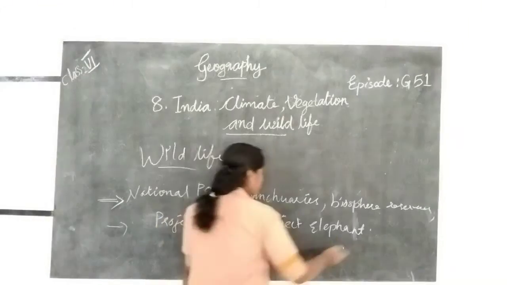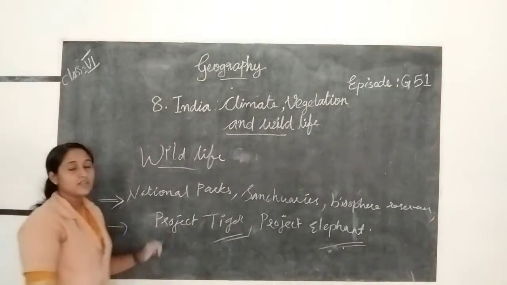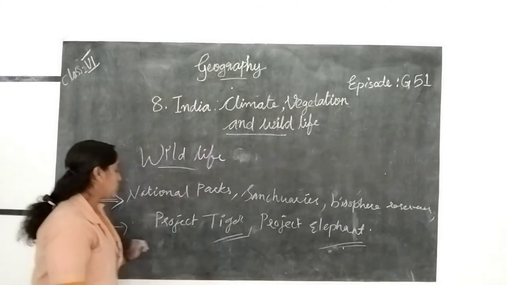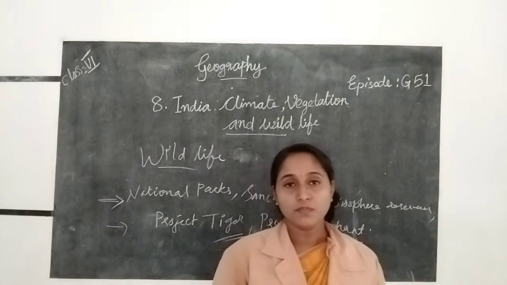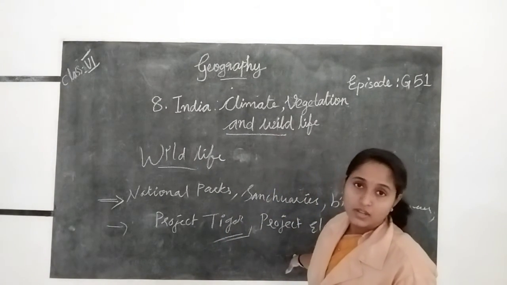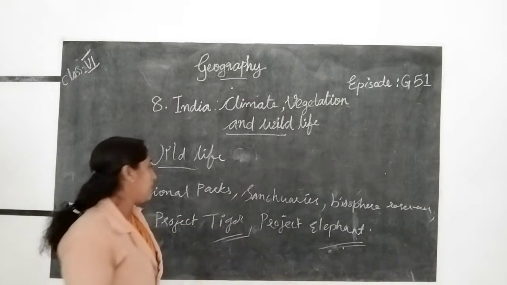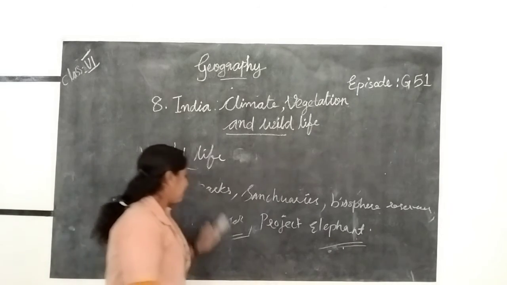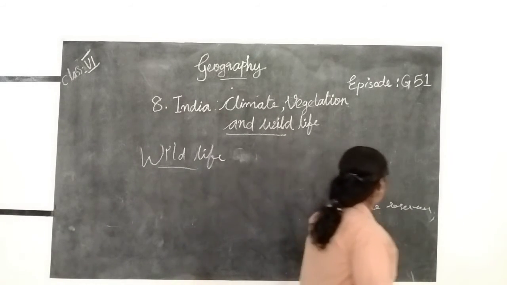The government wants to protect the tiger and elephant, so it implemented several projects like Project Tiger and Project Elephant. For what? For protecting these animals. These kinds of projects and plans were developed in our country for the protection of wildlife. Okay, wildlife. Clear?